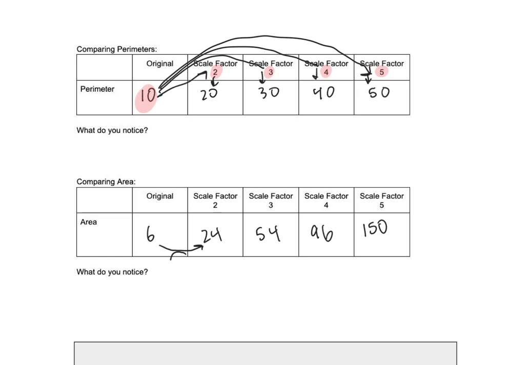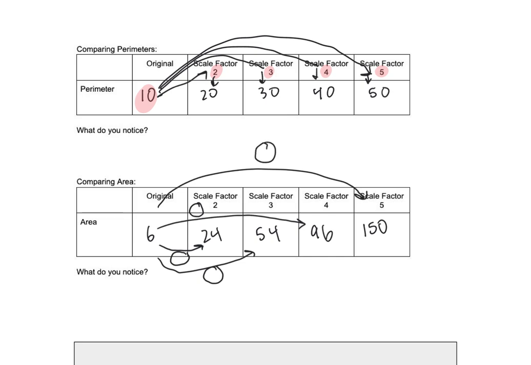Go ahead and write that little diagram on your piece of paper. I want you to do the same thing for 54. What do we multiply by? Then I want you to do the same thing for 96. What do we multiply by to go from 6 to 96? And if you need to, you can divide to find that number. And then what do you think you go from 6 to 150? What do we multiply by?